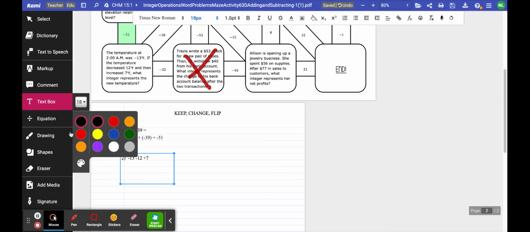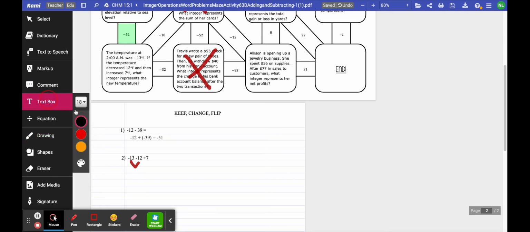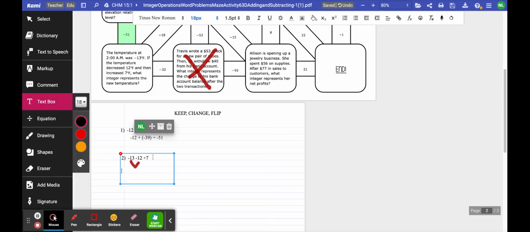If I were you, I would probably do this first part first, so negative 13 minus 12. And again, I would change that into an addition problem.